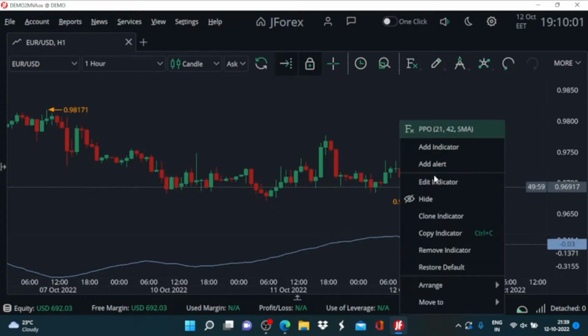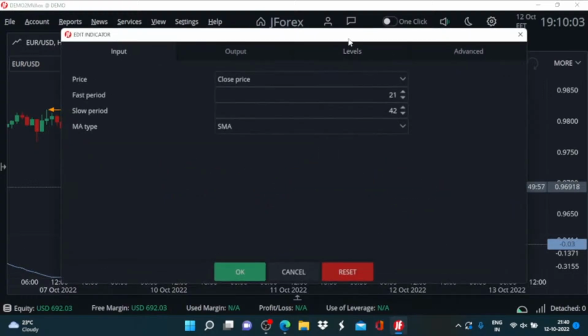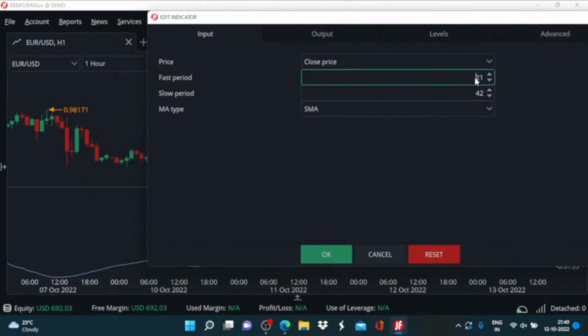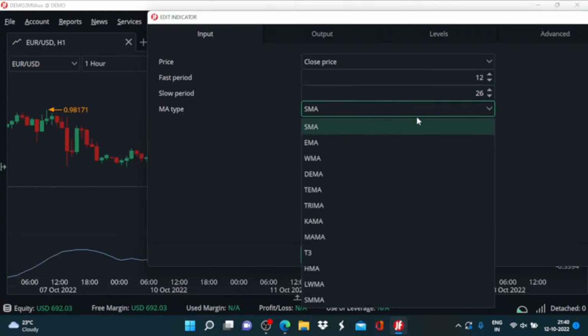Now let us try out other options which are available to us. Now I will restore the calculation period to default 12 and 26. Let us try out these MA types, moving average types, depending on which kind of moving average you use for the calculation of the indicator.